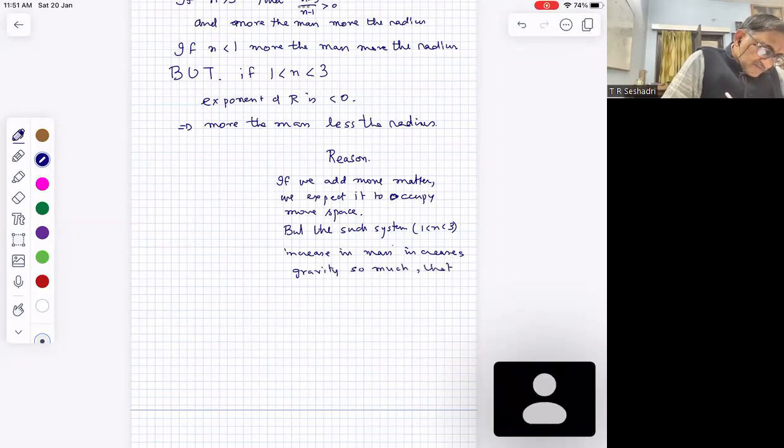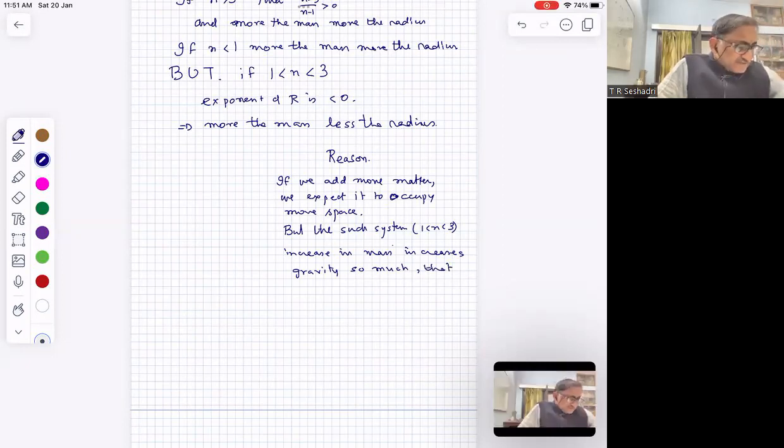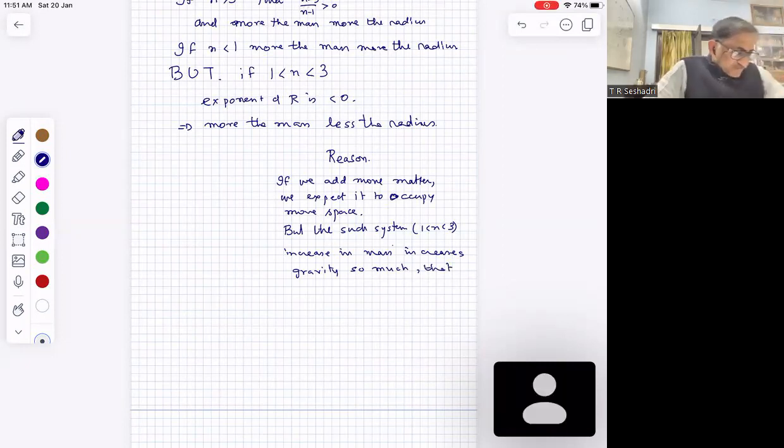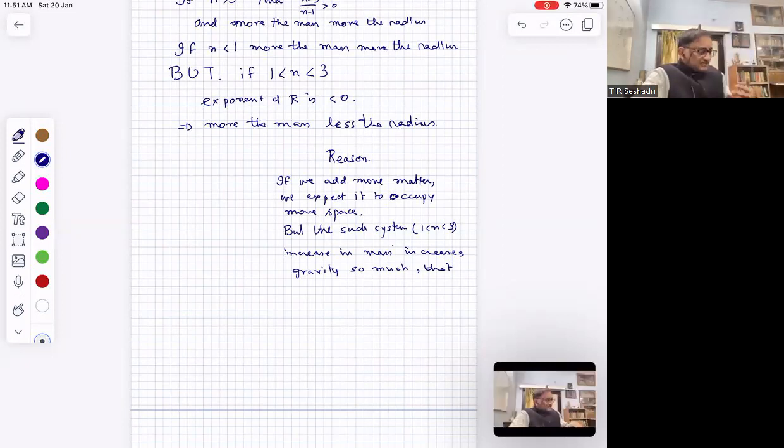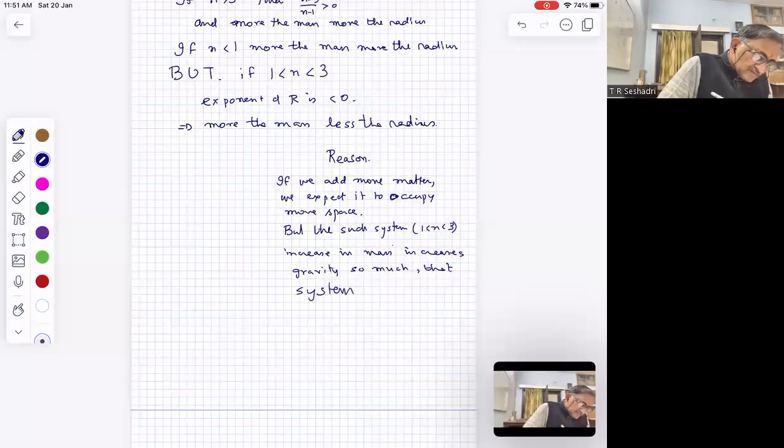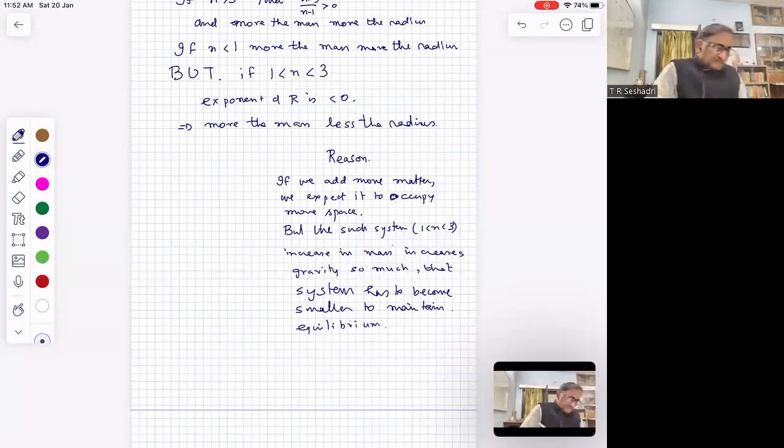Is there a reason why it happens? Because of gravity. For such polytropes, the gravity is so much that the system has to become smaller to maintain equilibrium. Is the answer clear?